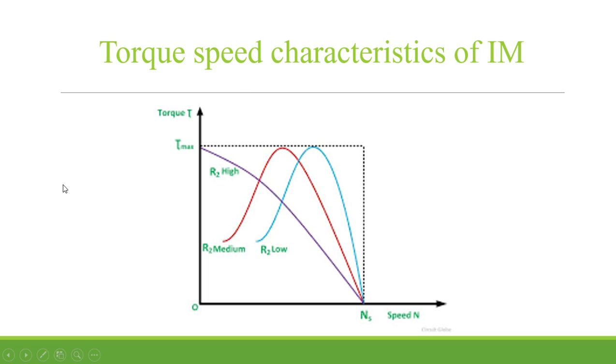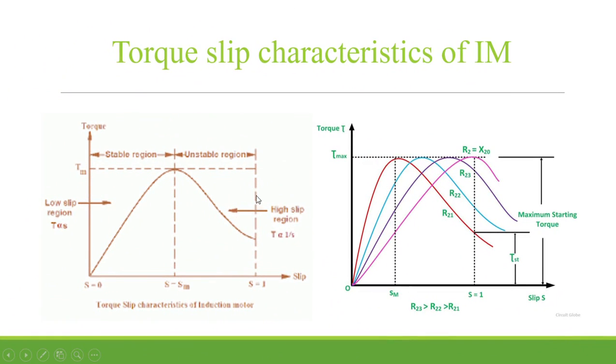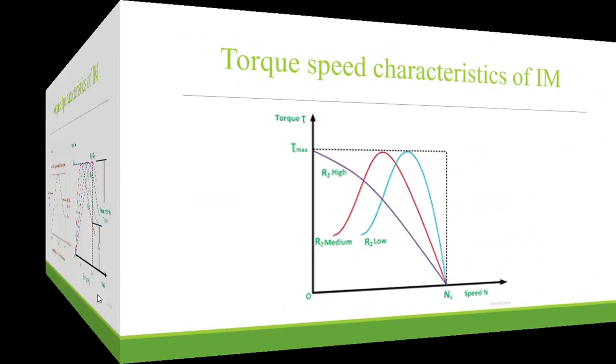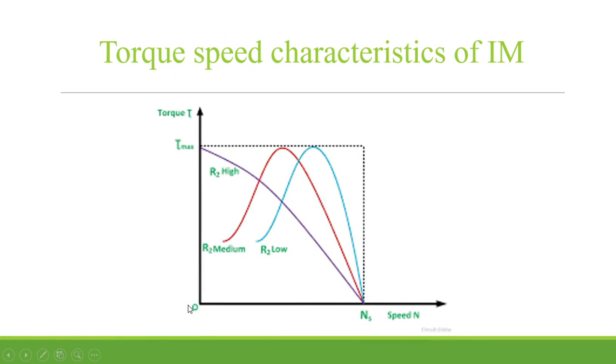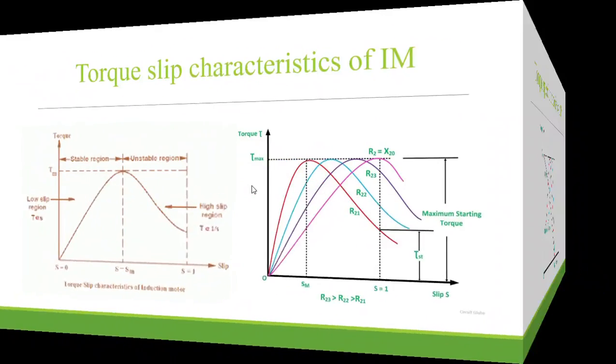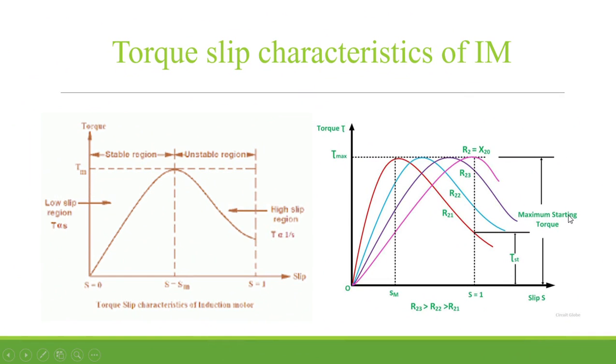So we are drawing the mirror image of the previous one, because when slip is 1 the rotor speed is 0, and when slip is 0 the rotor speed is equal to ns. So speed is 0 here, rotor speed 0 means slip is 1, and when the rotor speed is ns, then slip equals 0. So we have just drawn the mirror image of that. If we keep a mirror over here, that is the mirror image.